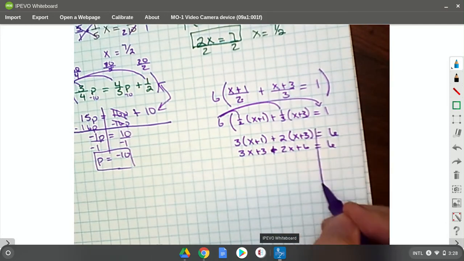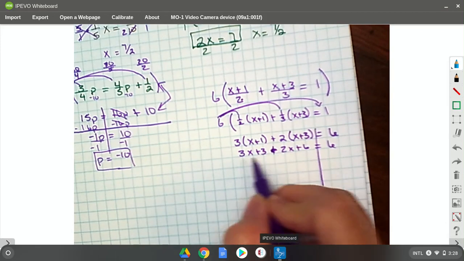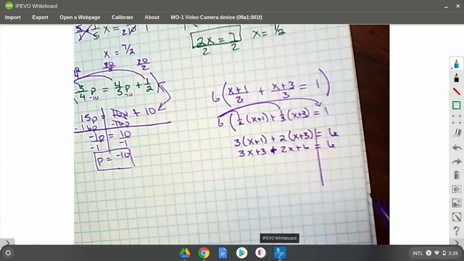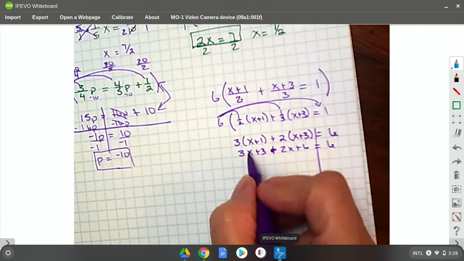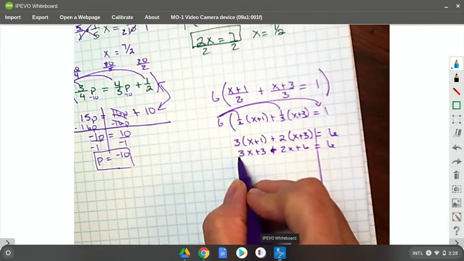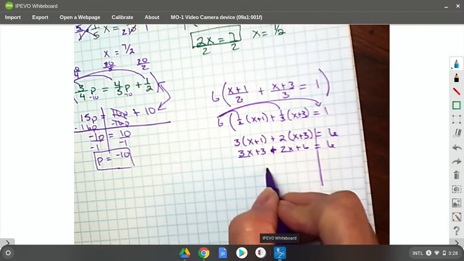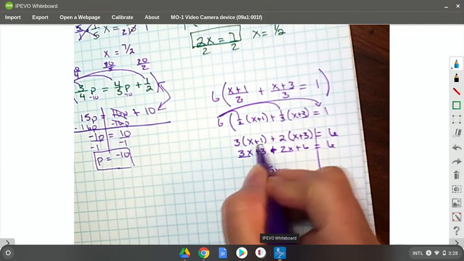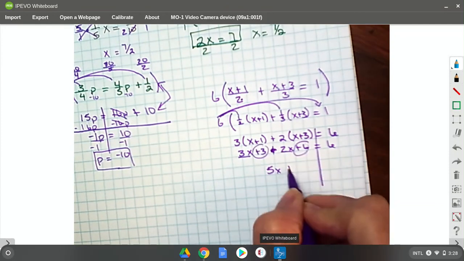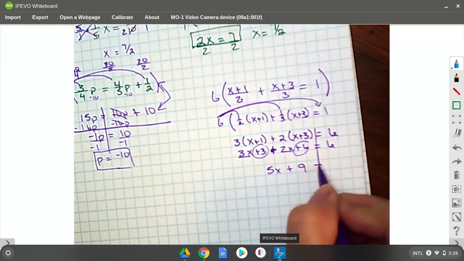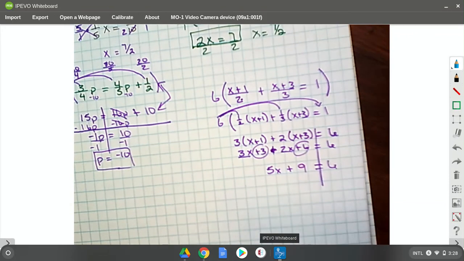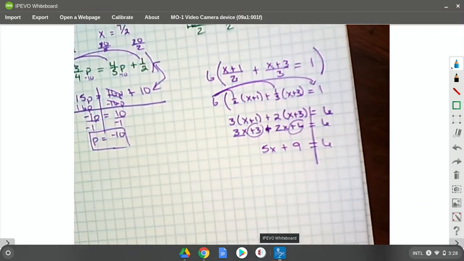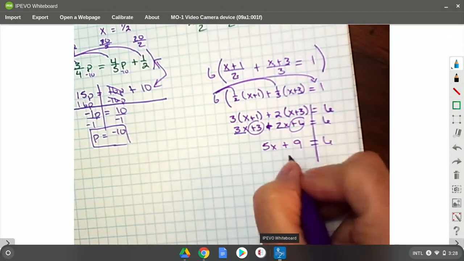Now I've got my like terms, and since they're on the same side of that equal sign, I can go ahead and simplify. So I've got 3x and 2x. That's going to give me a 5x. A positive 3, a positive 6 is going to give me a 9 and a 6. And I'm back to my basic two-step equation.